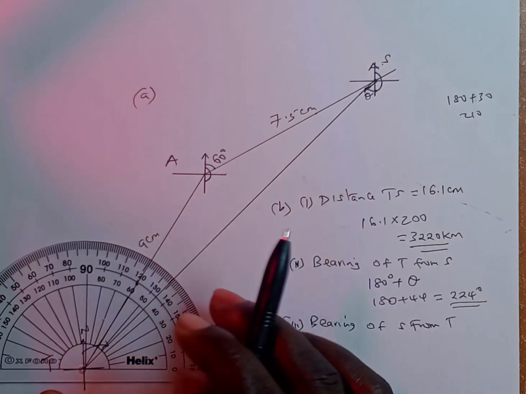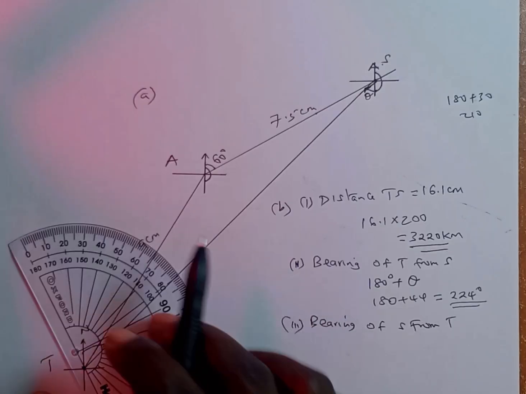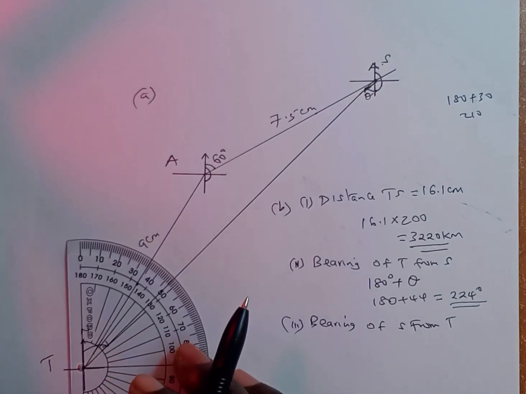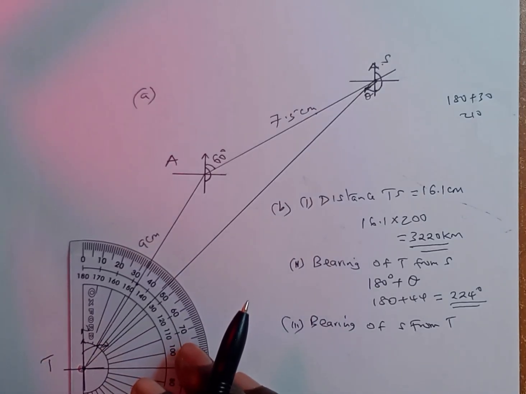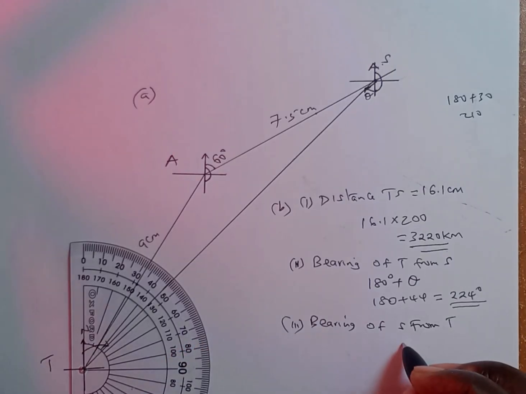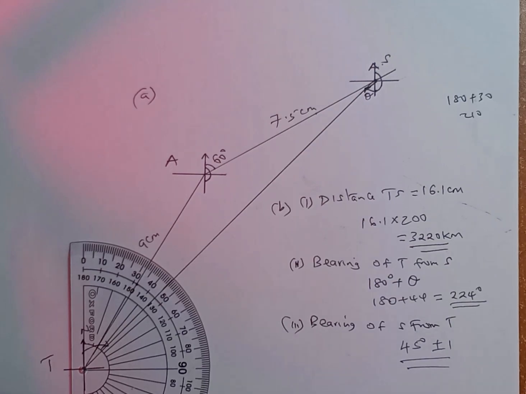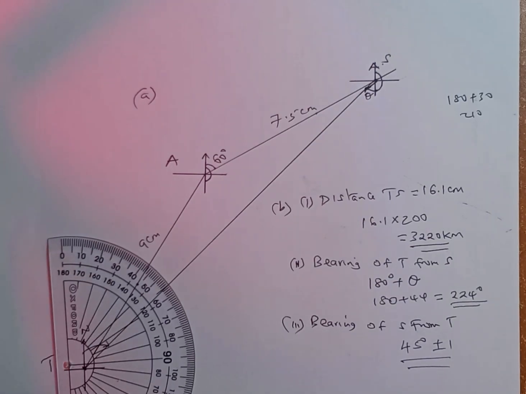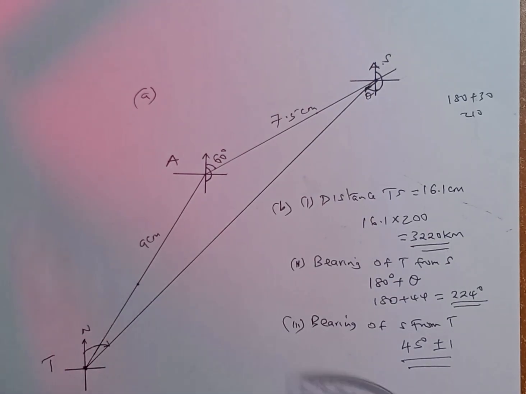Using a protractor, we are going to determine the angle, and in this case you realize the angle is approximately 45 degrees. Of course, we might have a plus or minus 1 so that we allow an error of 1 degree. That becomes the solution to that particular question.